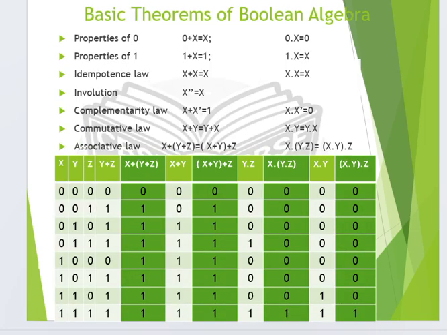Now these are some of the basic theorems of Boolean algebra. There are many theorems which you have already done in mathematics, so we will not go into detail for those, but for those which you feel unsure about, I will show you using a truth table. The first one is the property of 0. 0 plus x is always x.